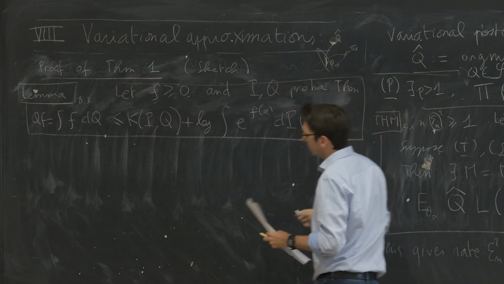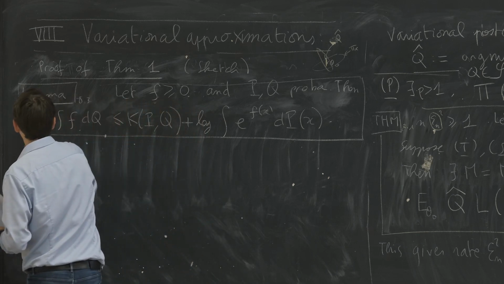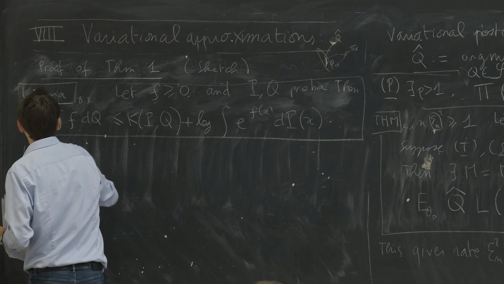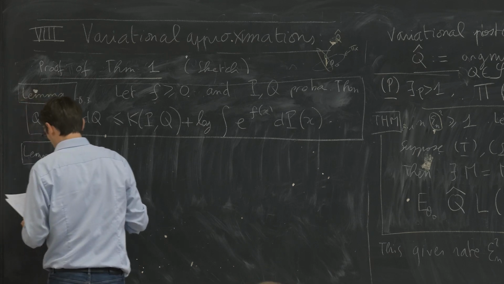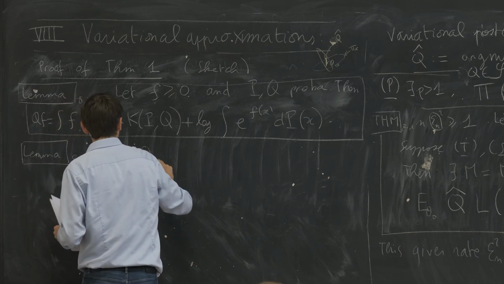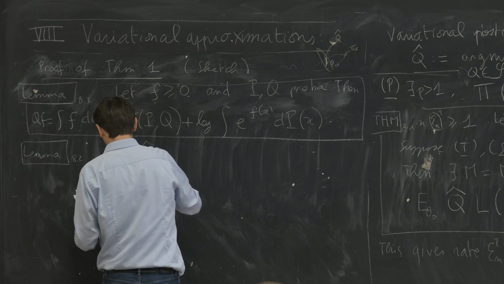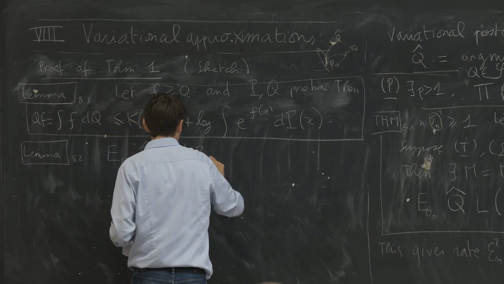Okay, and why do we use this lemma? Let me state yet another lemma, I think it's 8.2 in the notes. It says that what we want to control in theorem 1 is the expectation under theta naught of Q acting on the loss.